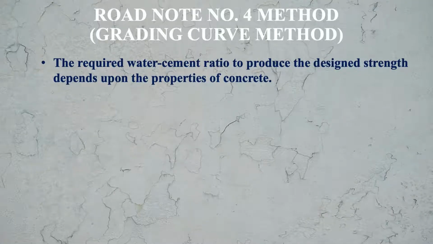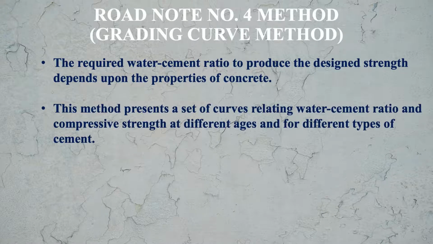The required water cement ratio to produce the design strength depends upon the properties of concrete. This method presents a set of curves relating water cement ratio and compressive strength at different ages for different types of cement. So let us see the design procedure.